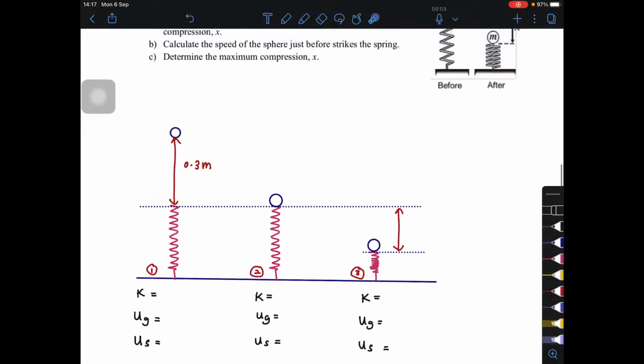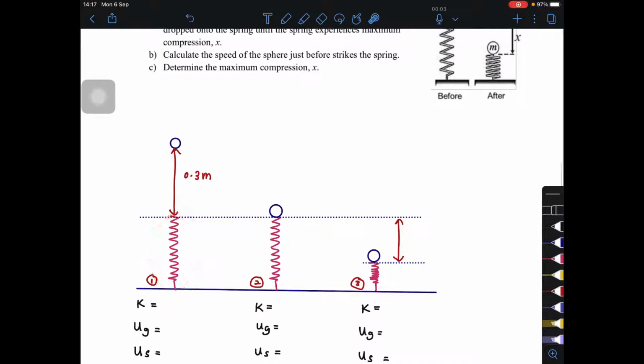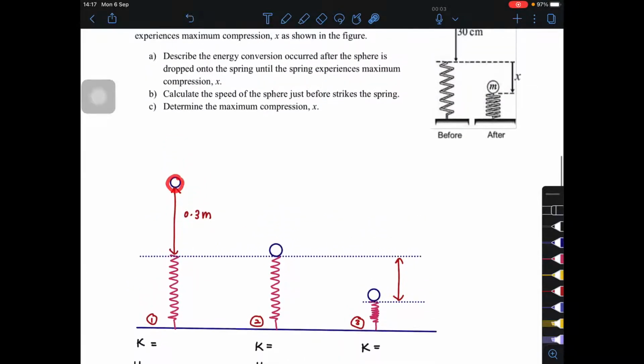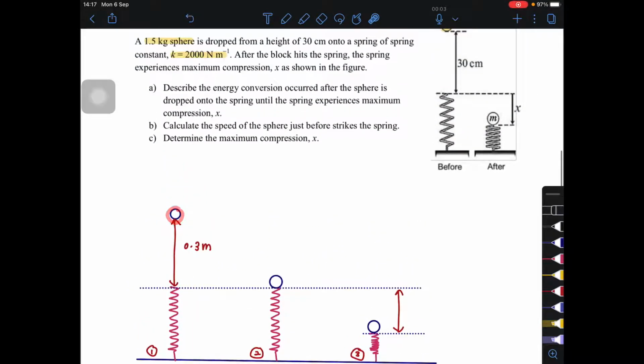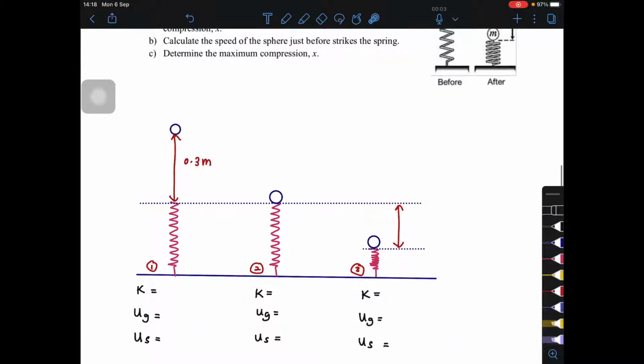So tidak akan ada potential energy dekat sini lah untuk spring. Okay, selepas sphere ni dijatuhkan, because it says here the sphere is dropped from a height of 30 cm, so dia pun kena release daripada height 0.3 meter ni. So dia akan sampai dekat permukaan spring ni.